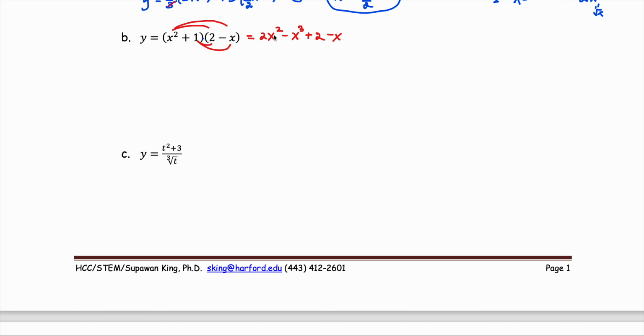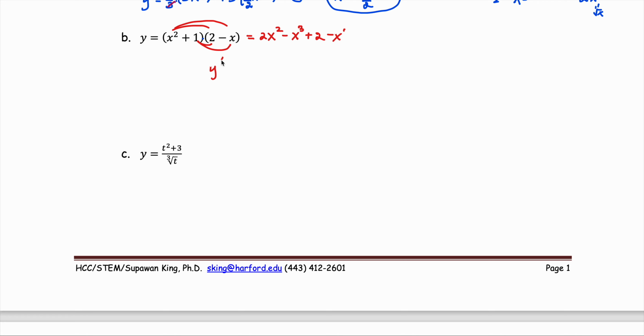Then we're going to use the sum and difference rule to find the derivative. As we notice, each one is in the form of a constant multiple, the power form, and power form, the constant term, and this one technically to the power first. So we find the derivative term by term.